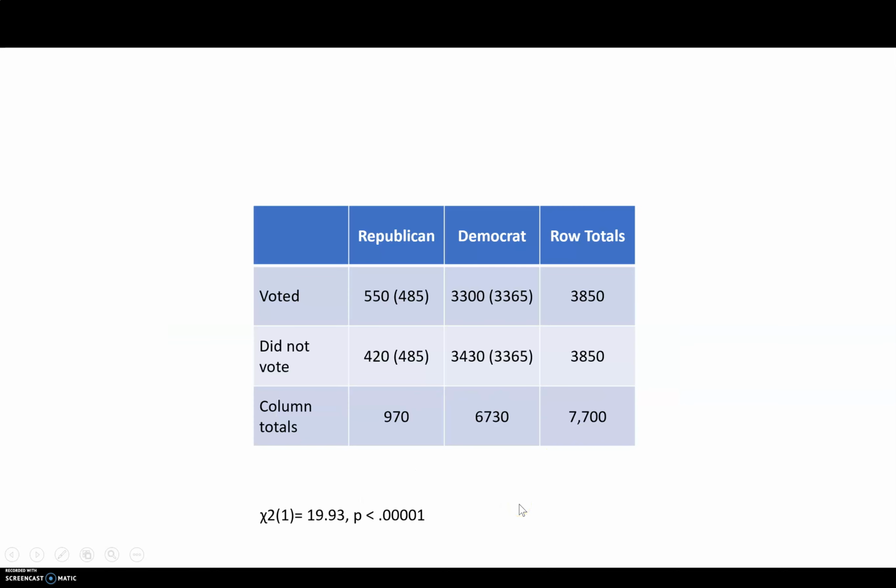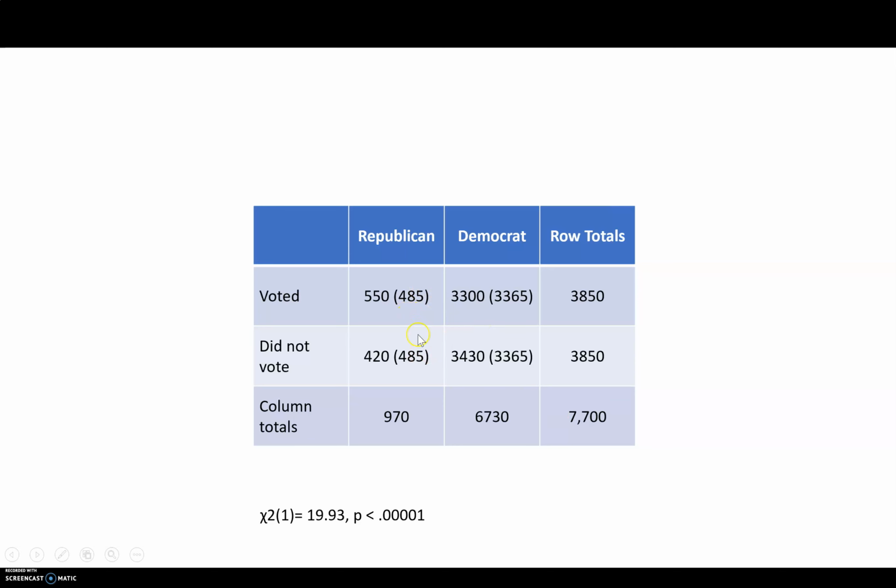Okay, going back to our original example, I actually calculated the chi-square for this one, and I made it nice so you got the same row totals. Remember, to get these expected counts, it's the row total times the column total divided by the grand total.